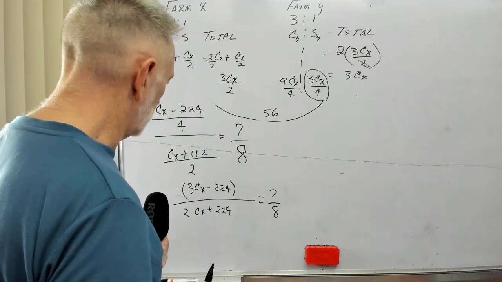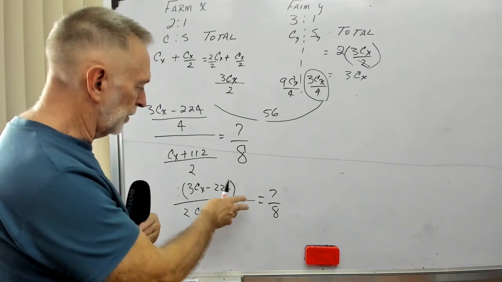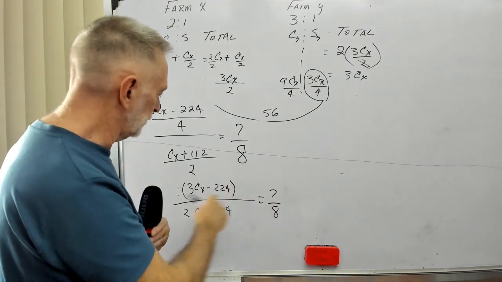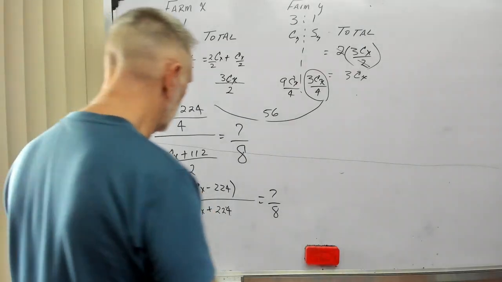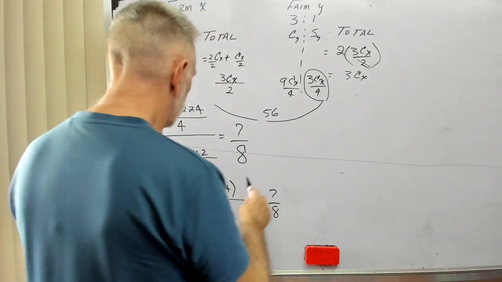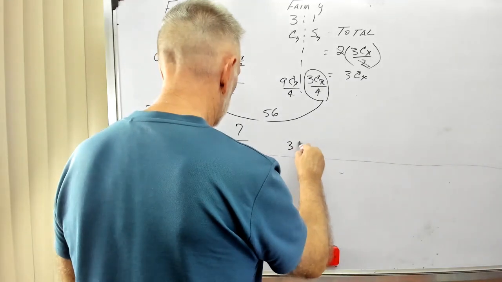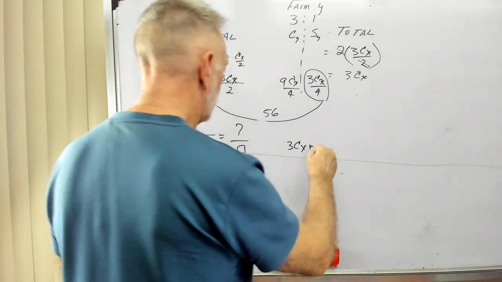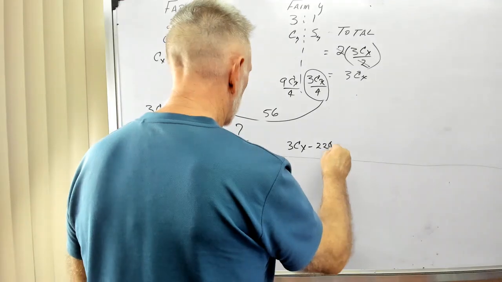All right, so what do we got to do here? We have a ratio here. We can cross multiply these and solve for c sub x. So 3c sub x minus 224 times 8.